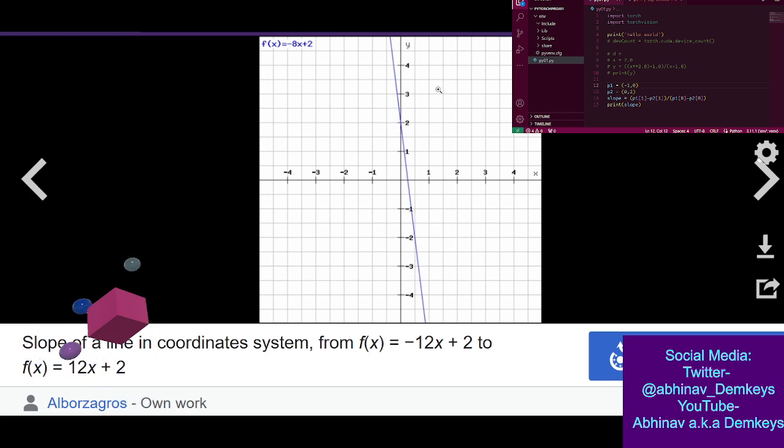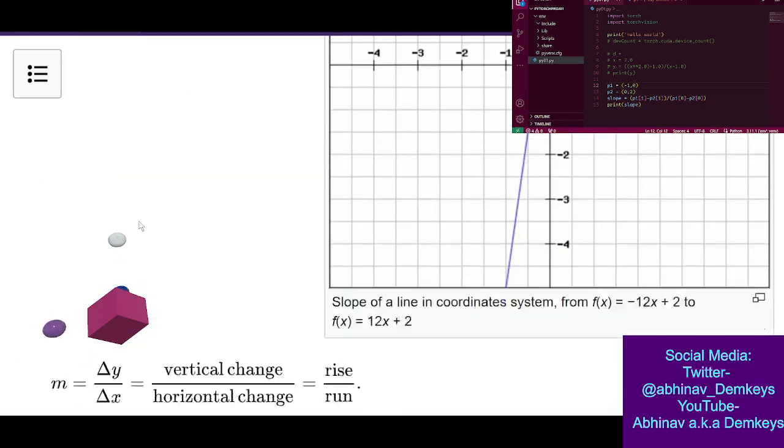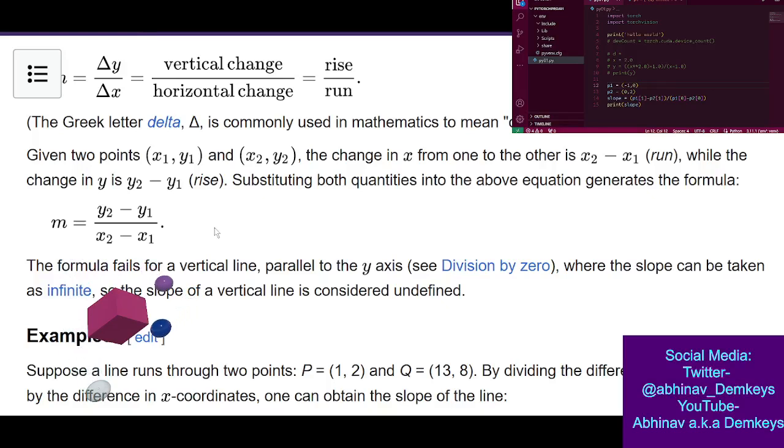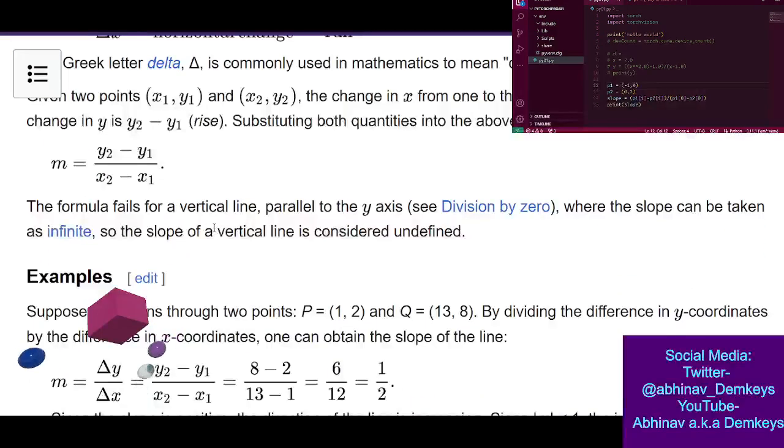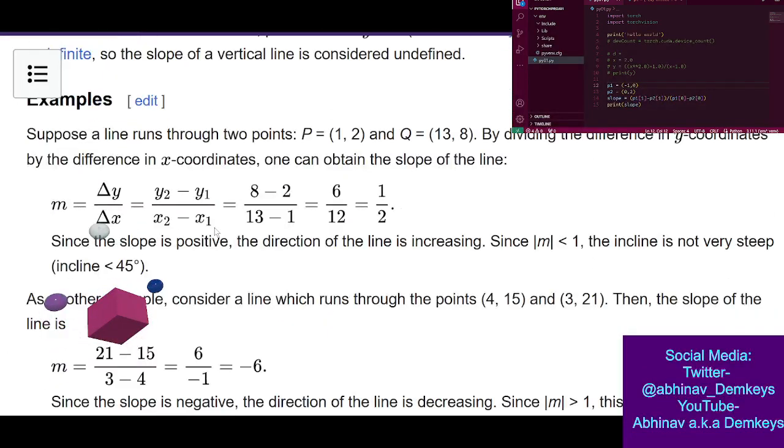How is it getting that equation? Because it said y equals mx plus b, but how is it arriving at this equation? I don't think I've understood that. One can obtain the slope of the line by dividing the difference in the y coordinates by the difference in the x coordinates.